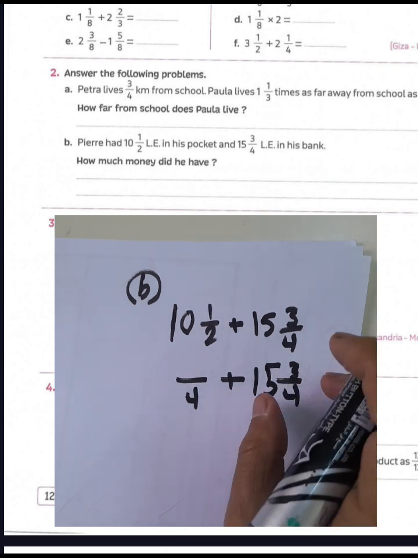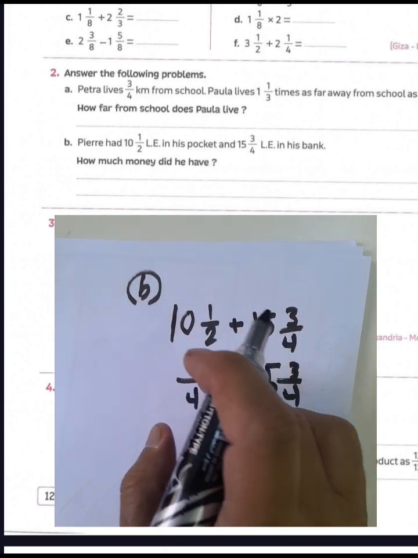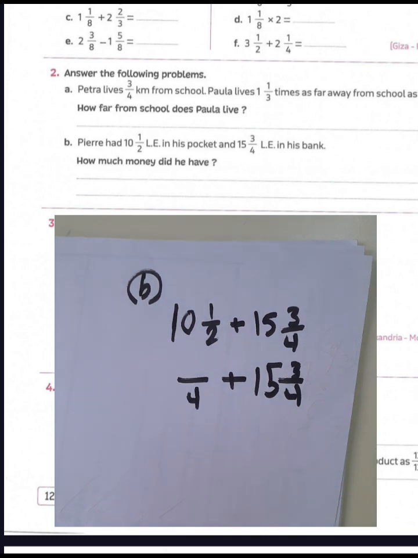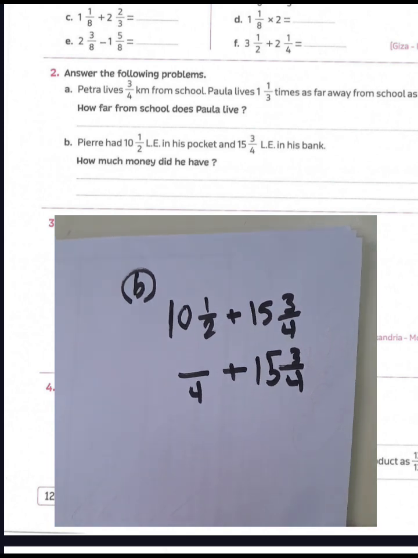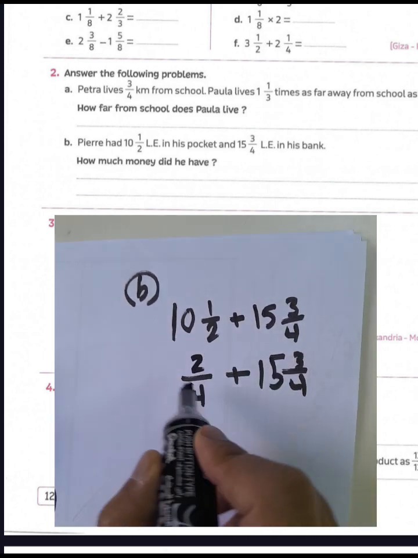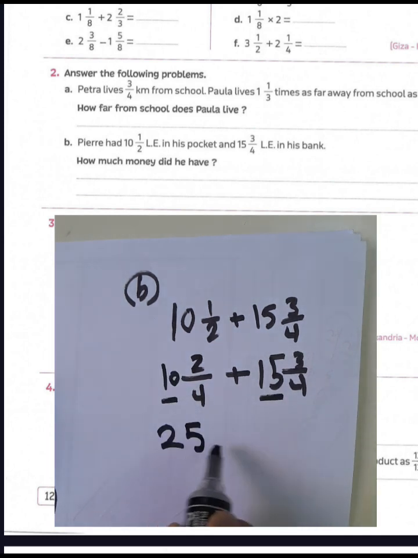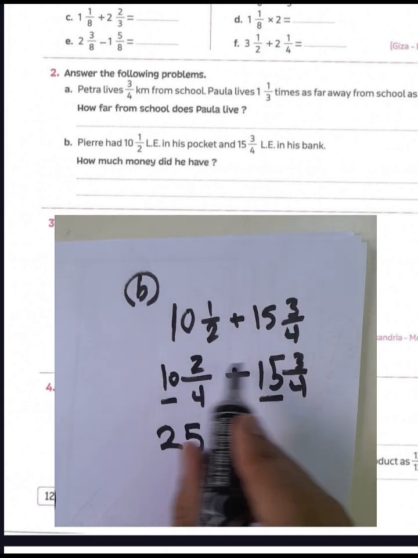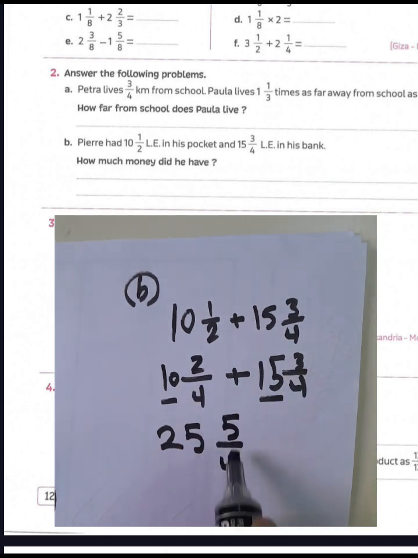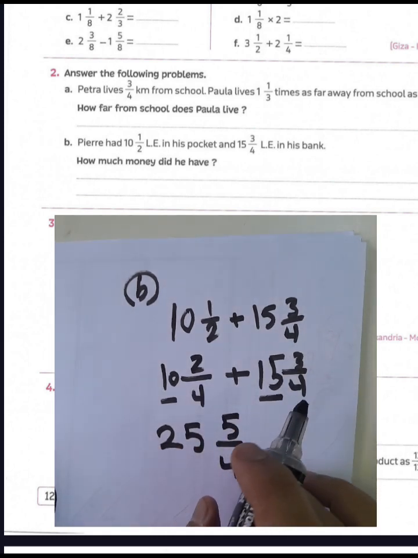Don't change 15 3/4, but 10.5 you can change by multiplying numerator and denominator by 2. 2 times 1 equals 2, 2 times 2 equals 4. Write 10, 10 plus 15 equals 25, and write 4 in the denominator. 2 plus 3 equals 5, 5 over 4. You can convert this number from improper to mixed number.